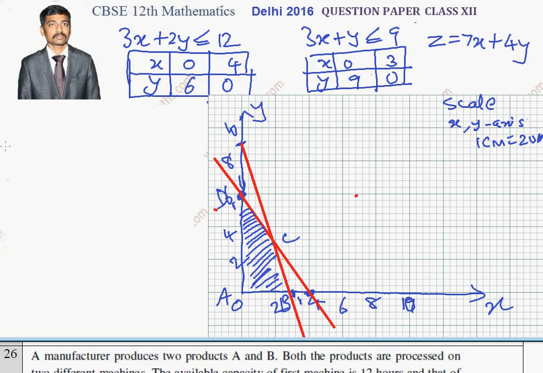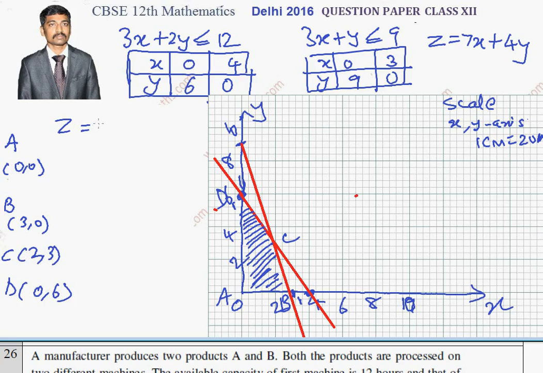Now the points are: point A is what? 0, 0. Point B is 3, 0. Point C is 2, 3. And point D is 0, 6.